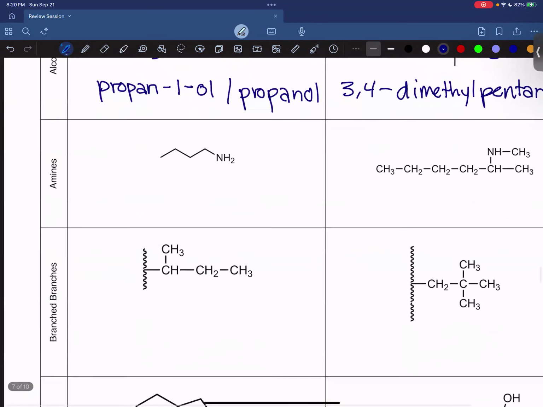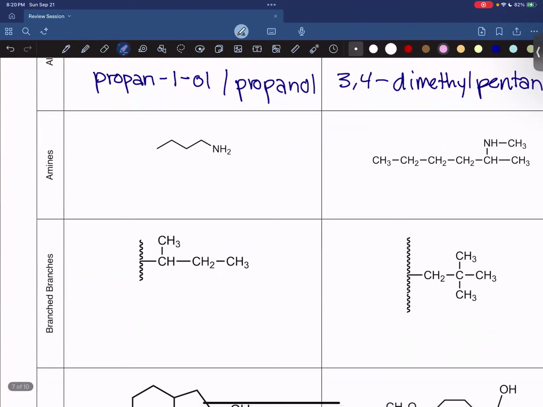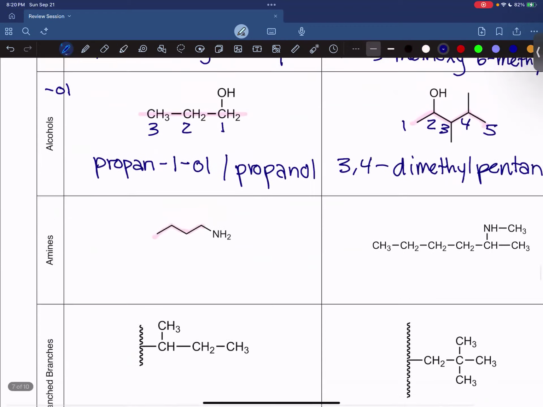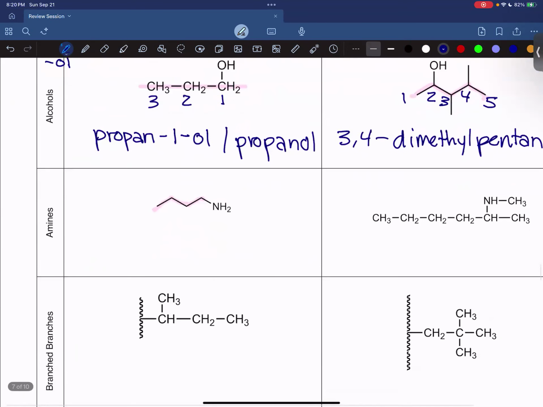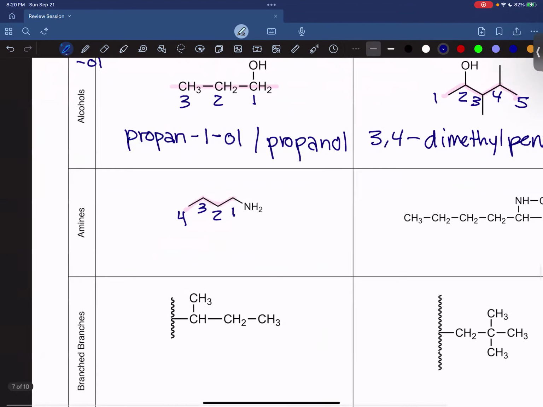Awesome. Okay. Moving on, we are going to do amines. So basically, we are going to do the same thing that we did with alcohols and give those amines priority.